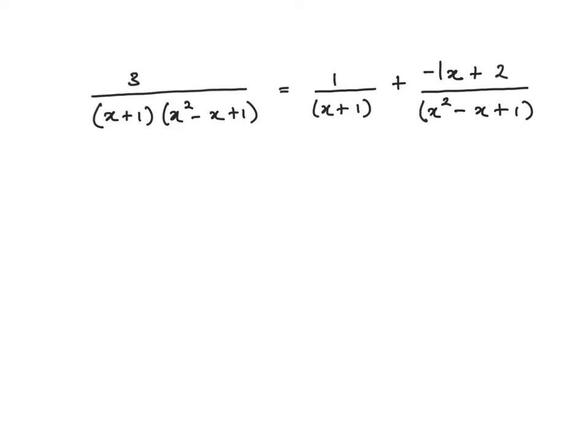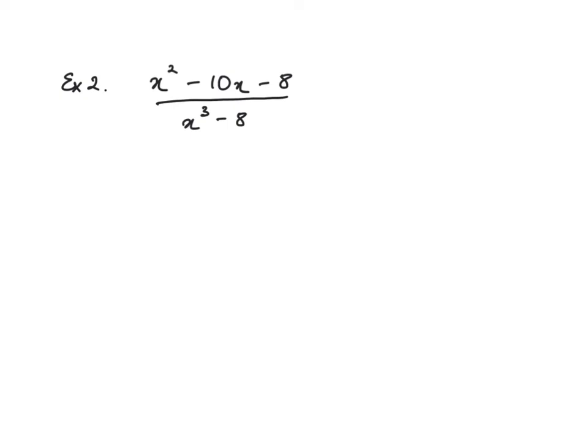And what we might do with this is, just to tidy it up, I won't do anything with that term, but we will move the minus 1x into second place here. So I've got 2 minus x over x squared minus x plus 1.